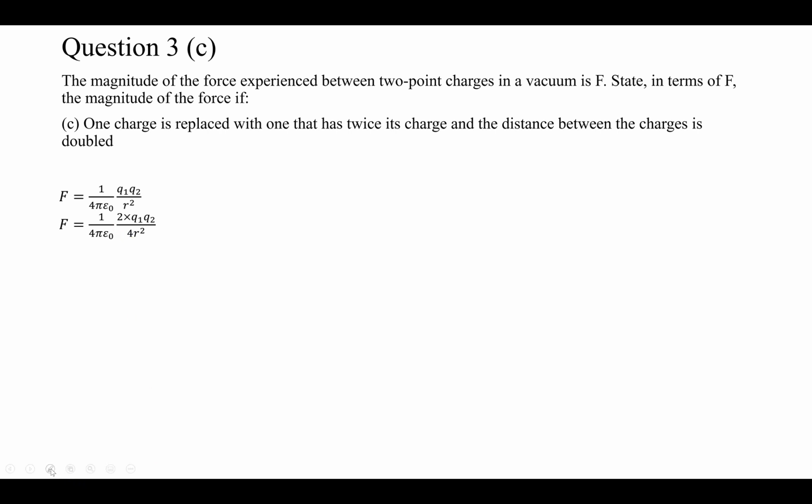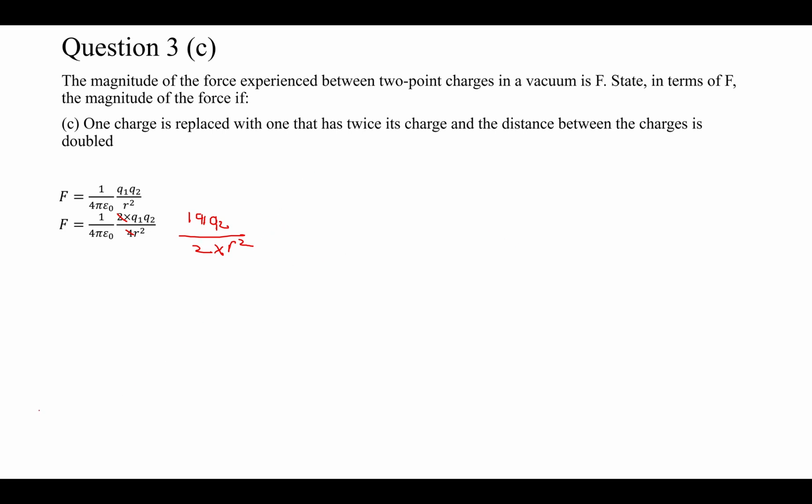Beautiful. Now, so we've got 2 here and we've got 4. So they can cancel each other out and it will be 1, Q1 Q2 over 2 multiplied by r squared. Okay, so that's what we get.